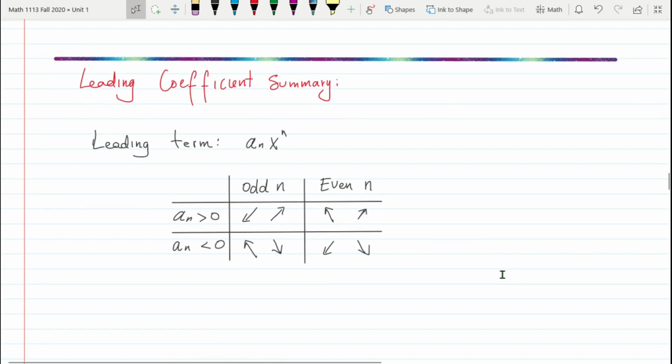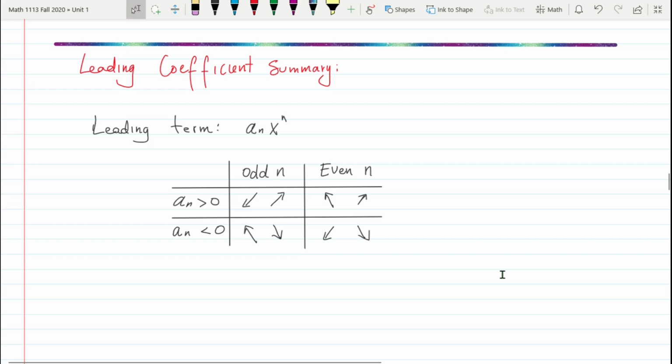So, if that was too complicated, in summary, you're only looking at the leading term. That's why it's called the leading coefficient test. So, if the power is odd and the leading coefficient is positive, then you have your left leg falling, your right leg going up.